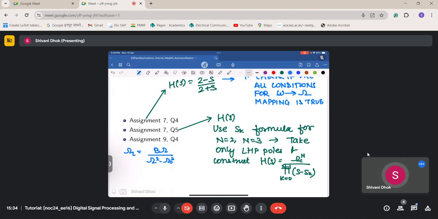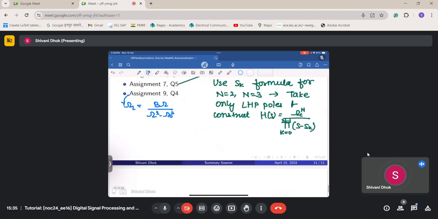Just use this transform and see which frequency component gets mapped to which frequency component. Simple thing. The similar thing was done for band pass filter and high pass filter in the lecture. You have to repeat the same thing. And if you got confused with this omega L and omega BS, that transformation was for analog domain transform only and not for discrete.